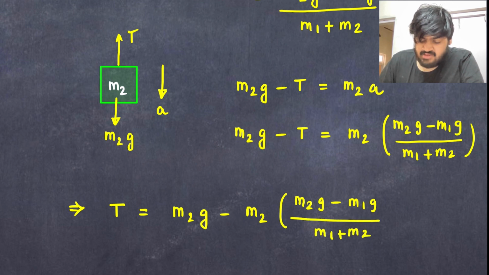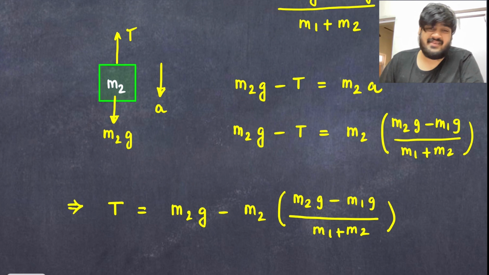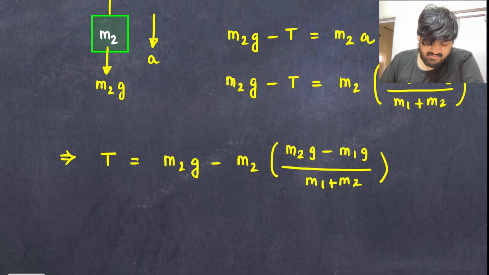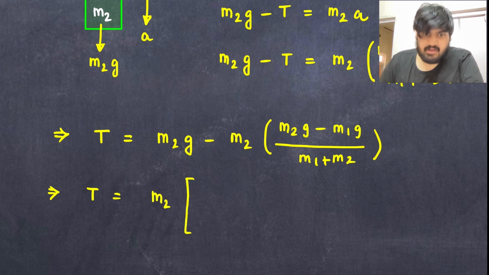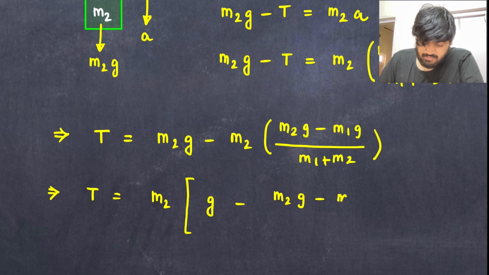Now it's very easy, you just have to simplify. Okay, it's very easy now. So over here if I simplify this, the tension becomes T is equal to m2. Now take the other common. Okay, so that means this will be g minus (m2g minus m1g) divided by m1 plus m2.